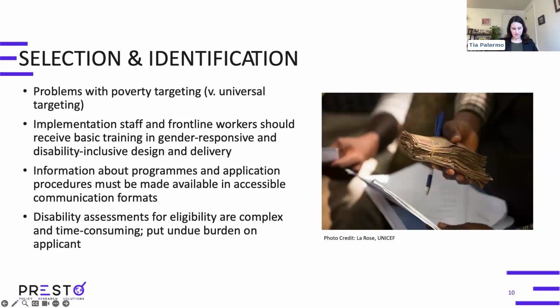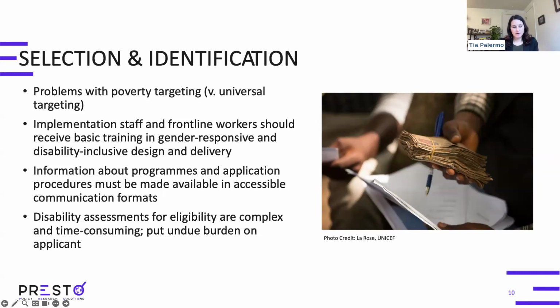In turning to selection and identification within social protection programs, there are several problems with poverty targeting versus universal targeting. So, for example, stigma can deepen social marginalization of disadvantaged groups. Poverty assessment is often made at the household rather than the individual level, and this obscures intra-household differences in consumption patterns that tend to disadvantage girls and women as well as people with disability due to their social exclusion and unequal status in the household.